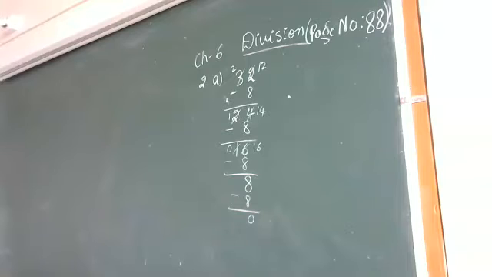Now tell me what will be the dividend, divisor, and quotient? Can you guess, children? Dividend. Yes, 8 is the divisor and 4 is the quotient. Very good. So here we have 32.